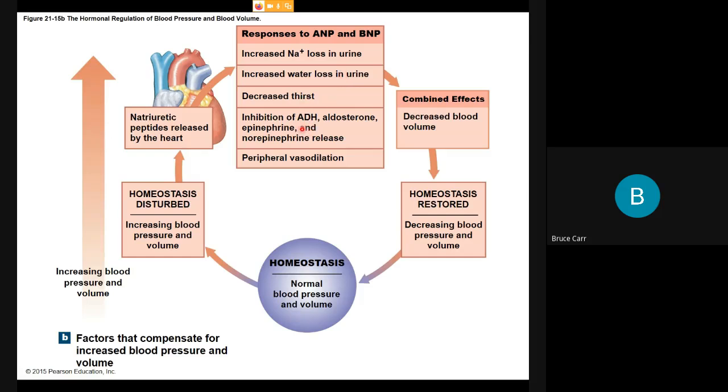It also inhibits the production of all of those other hormones. ADH, aldosterone, epinephrine, and norepinephrine are all inhibited by this natriuretic peptide. And finally, its effect on the periphery. We've got high blood pressure. Let's just dilate the blood vessels, make the volume of the system more, and blood volume will decrease.